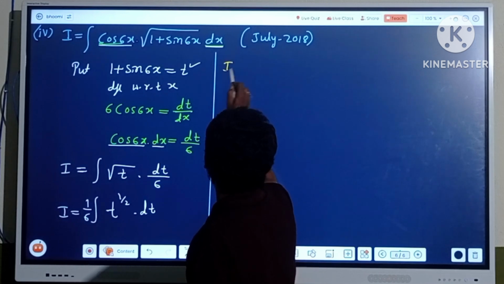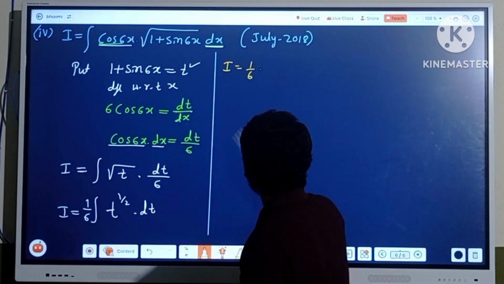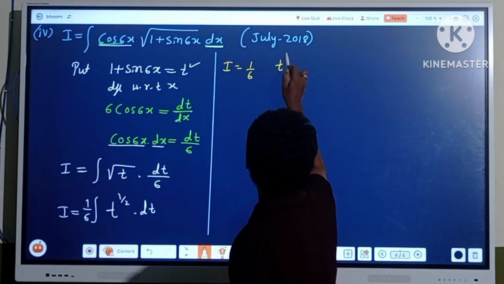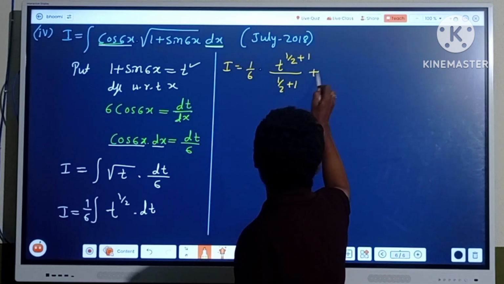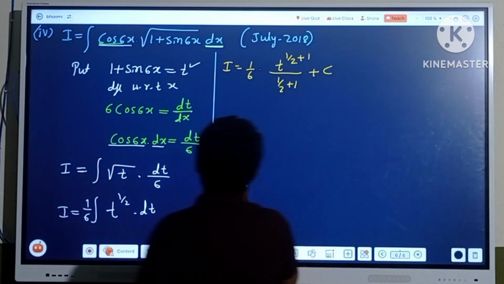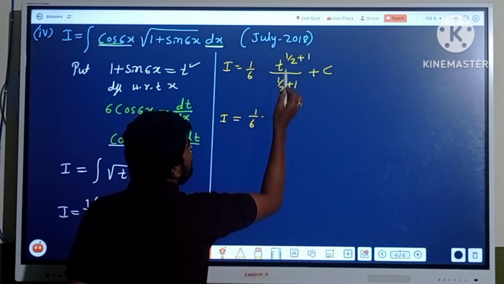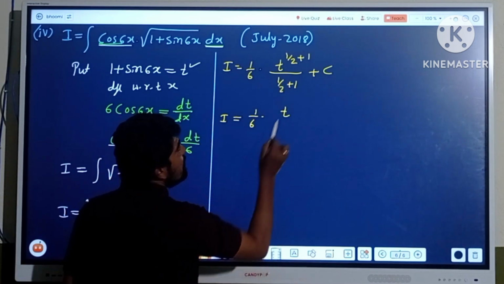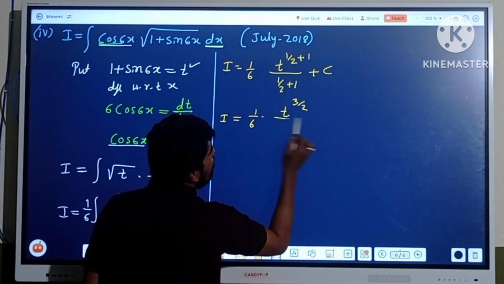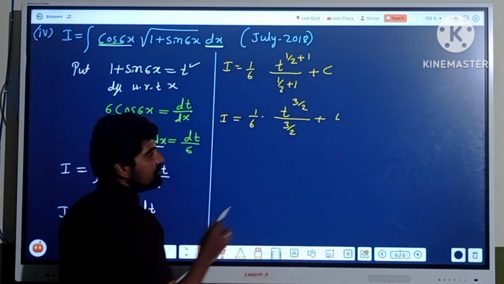Now by using the integration of x power n dx, I is equal to 1 by 6 into the integration of t power 1 by 2, which is t power 1 by 2 plus 1 divided by 1 by 2 plus 1, plus integral constant c. Therefore, I is equal to 1 by 6 into t power 3 by 2 divided by 3 by 2, plus c.